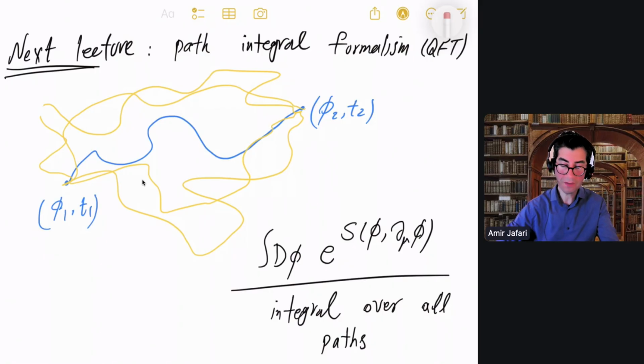In fact, I think this is the way we humans learn about the world, not only in science and physics. We learn about the world around us as a kid, for example, this way. If a say 4-year-old kid asks you, how does an ATM machine work? How do you get money from an ATM machine? You're not going to tell all these details about the connection between different banks.